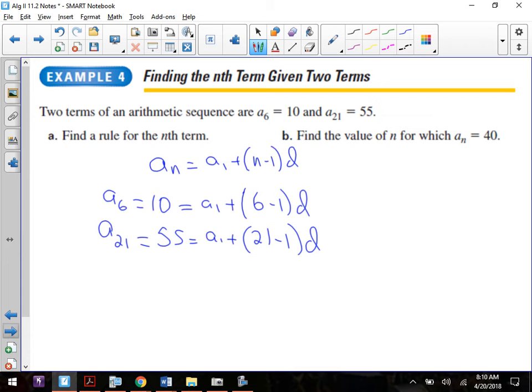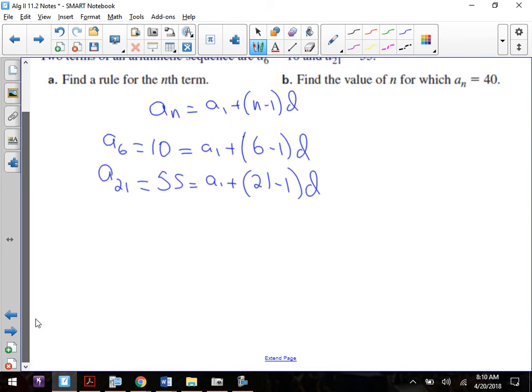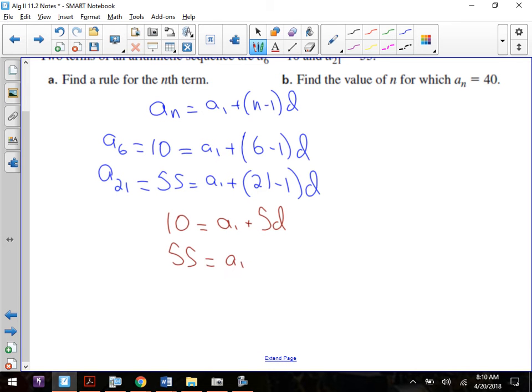When you simplify that, you wind up with a very quick system. I have 10 equals first term plus 5d, and 55 is first term plus 20d.